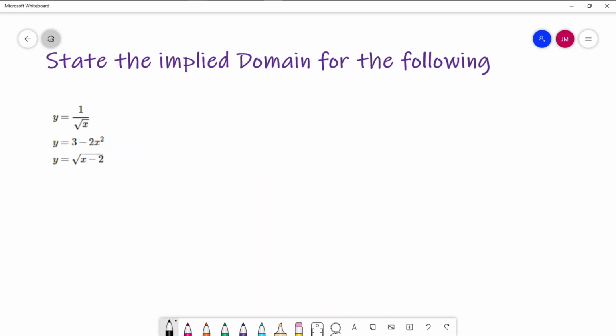Let's number these 1, 2, and 3. If we look at equation 1, we have y equals 1 over the square root of x. Now, we know when we've got a fraction, we cannot divide by 0. So the denominator cannot be 0. Therefore, straight away, I know that x cannot equal 0. I also know that if I put a negative inside the root sign, I'm not going to get a real number.